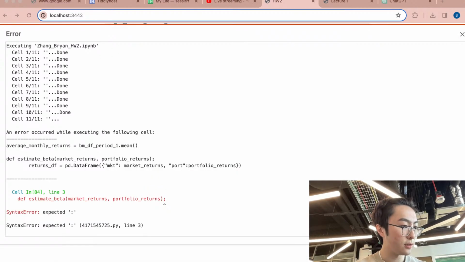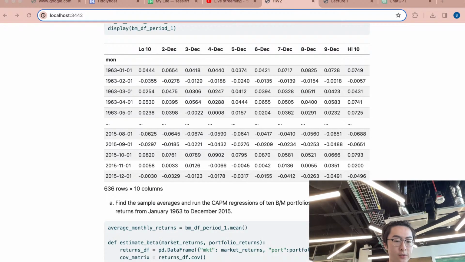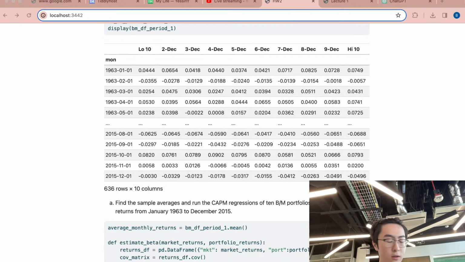Okay, so we have this data frame, and then do covariance matrix is equal to returns dot covariance. Okay, so we have the covariance matrix, and then once we do that, we could just take the covariance. So return covariance matrix block.